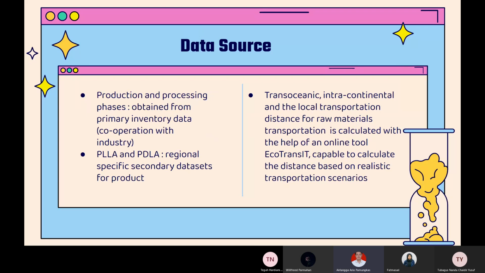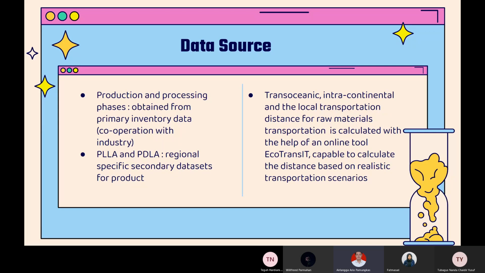All the system boundary data is obtained from the sources shown below. The data source for the production and processing phase is obtained from primary inventory data because the writer has cooperated with the industry. But for PLLA and PDLA, it used regional specific secondary datasets because there is a confidential issue with the related industry.